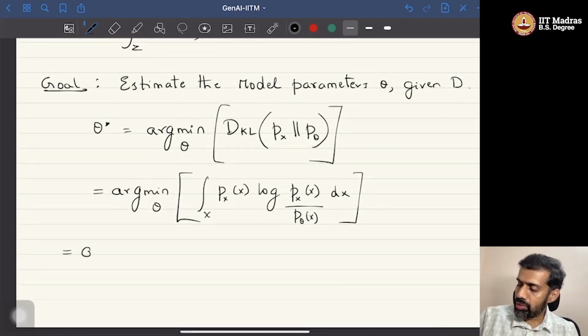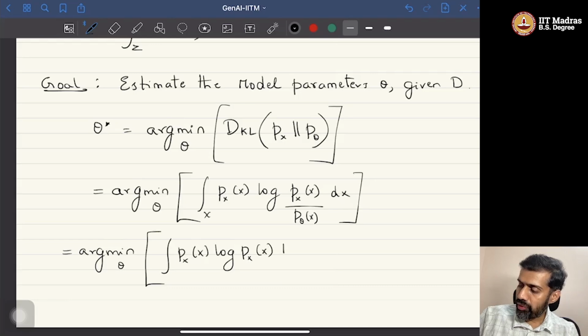Now we want to minimize this, so I will open up the integral. This is integral Px log Px dx, the first term, which is also called the entropy of data, minus integral Px log P theta x dx.